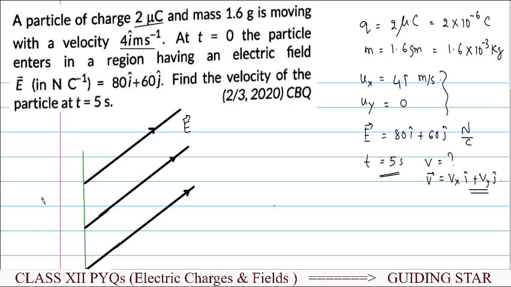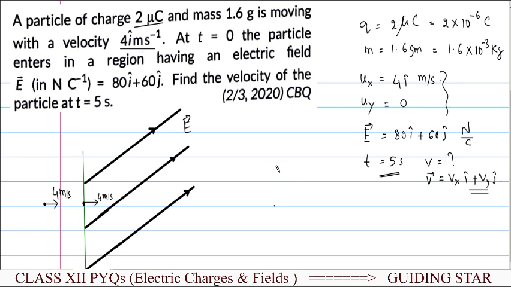Initially the charged particle was moving along x-axis with some speed, that is 4 meter per second along x-axis, and at time t equal to 0, it starts entering the field. So here the speed is again 4 meter per second when it enters.